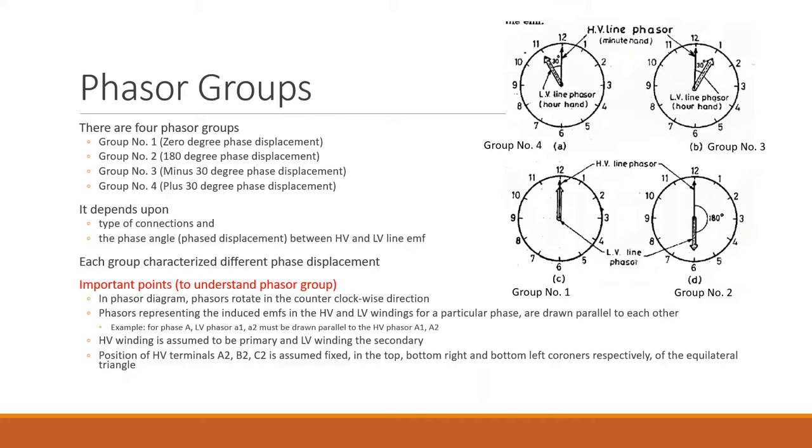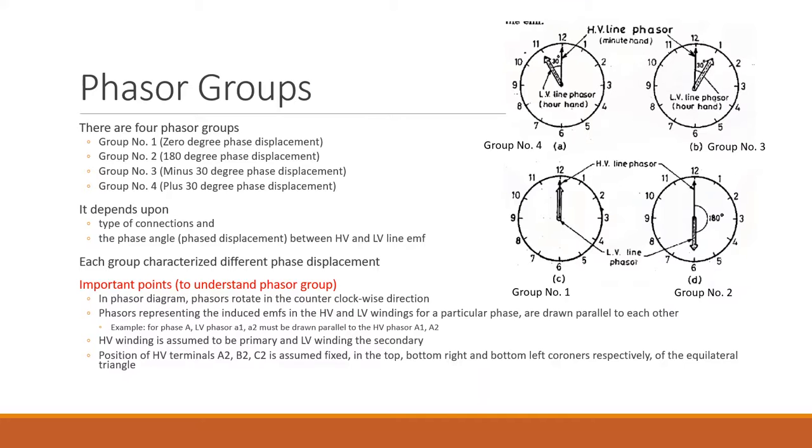The phasors representing the induced EMF in the HV and LV winding for a particular phase are drawn parallel to each other. What it means is, suppose you are having a phase A winding, it will be having your phasor a1, a2, that will be your LV phasor. The small letters indicate LV terminals, or you can say LV phasor.